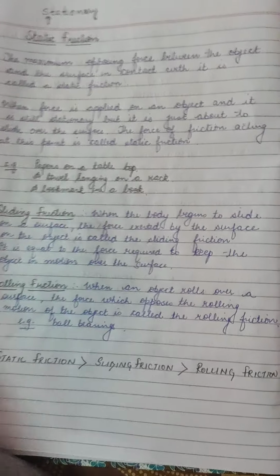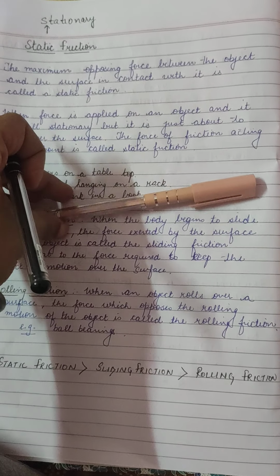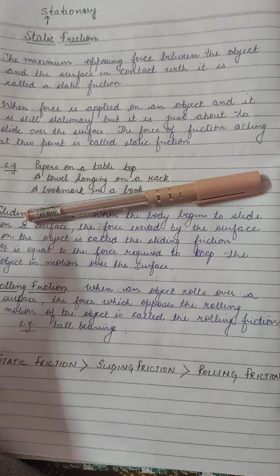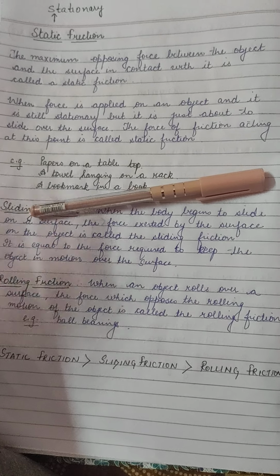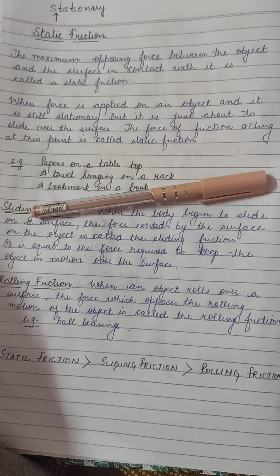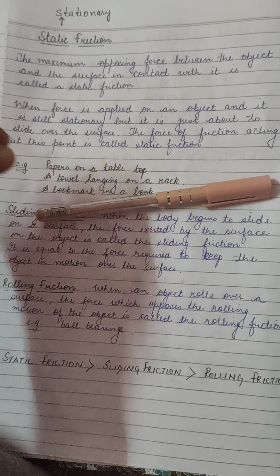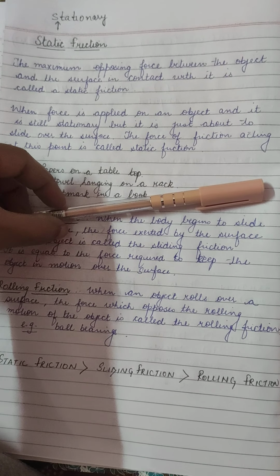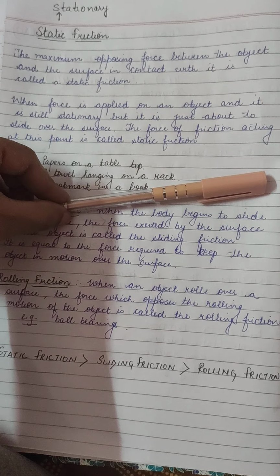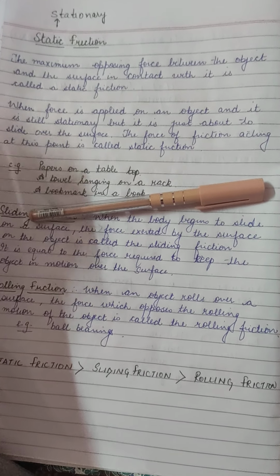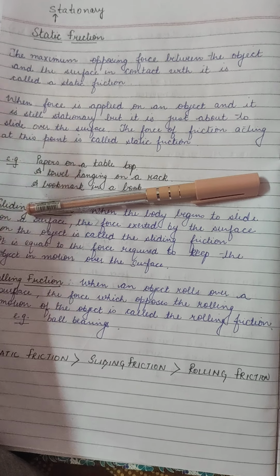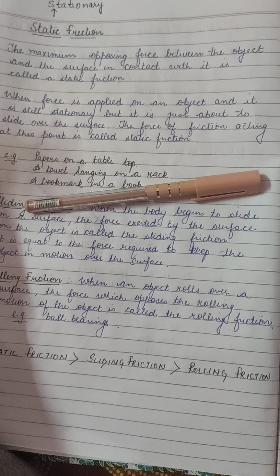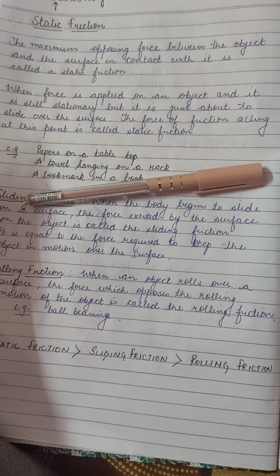First, I keep some body here. Is this body moving? No, this body is not moving. It is in contact with the paper of the notebook. If I apply some force on this body, it is still not moving, so the force of friction is acting on that body.